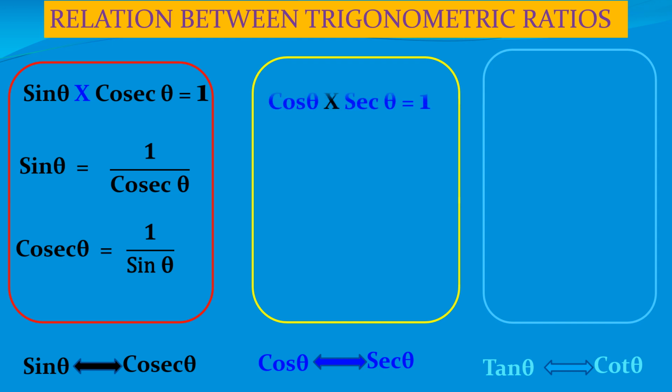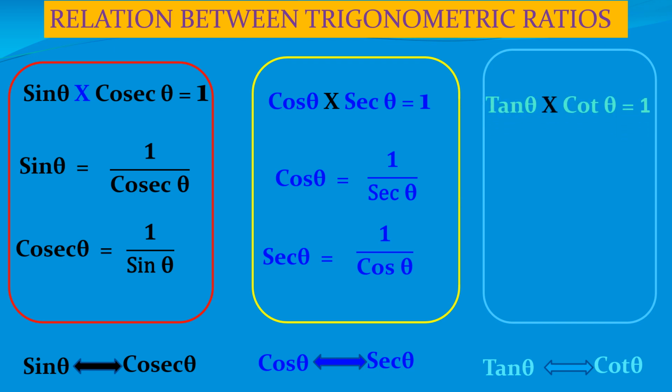Now coming to cos theta into sec theta makes 1, cos theta is equal to 1 by sec theta, and sec theta is equal to 1 by cos theta. And tan theta into cot theta makes 1, and tan theta is equal to what? 1 by cot theta, and cot theta is equal to what?